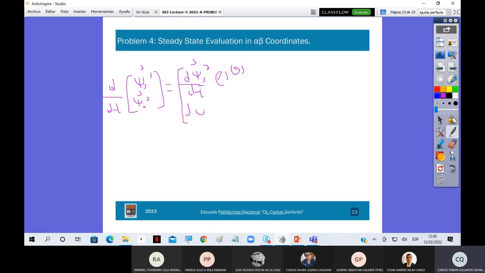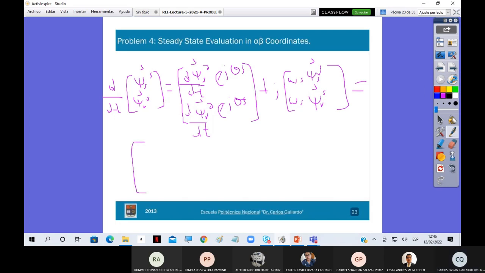I will have the derivative of the rotor flux space vector, this is in the synchronous reference frame, plus j, the speed times the stator flux space vector, and the speed times the rotor flux space vector. So this is equation number 1, and this is equal to equation number 2.